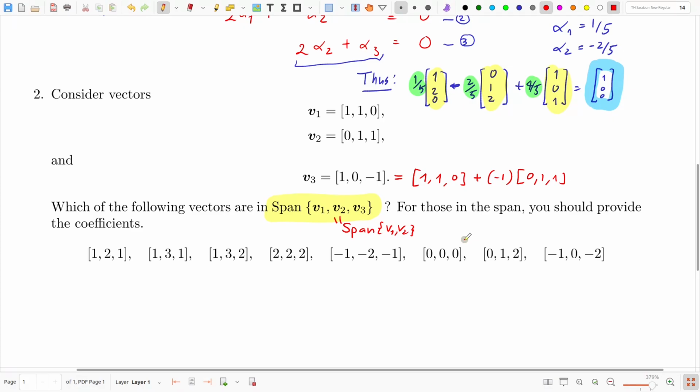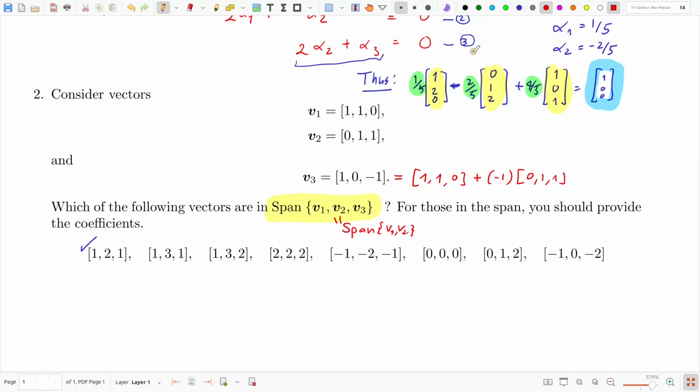So let's look at the first one. 1, 2, 1, is it in the span of v1 and v2? Yes, so you can say this belongs to the span, right? Is 1, 3, 1 in the span? Can you get 1, 3, 1? You probably can't.